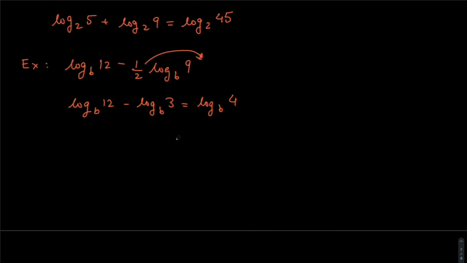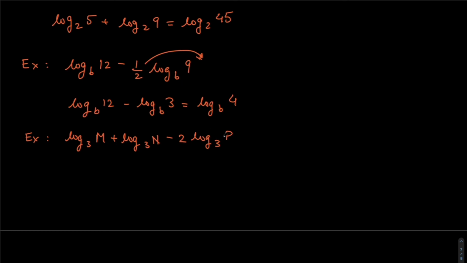Okay, let's look at one final example question. Let me just scroll down, get some more space. The example is like this: log base 3 of m, plus log base 3 of n, minus 2 log base 3 of p. I'm going to evaluate this.